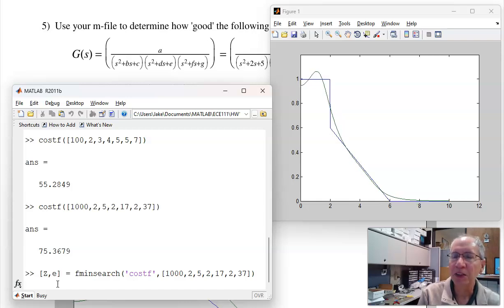It's basically taking those poles, moving them around, trying to make the filter look like my desired response. And fminsearch does a really good job at it. Let it run for a little bit, and eventually it'll kick out. See, it's still iterating, moving around a little bit.